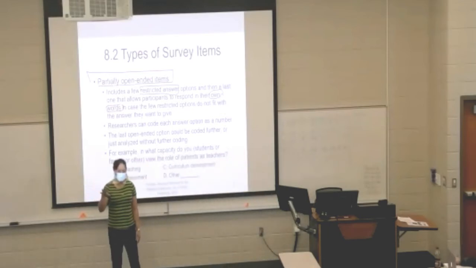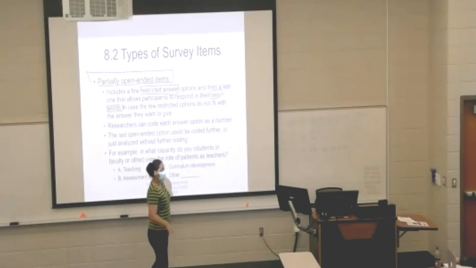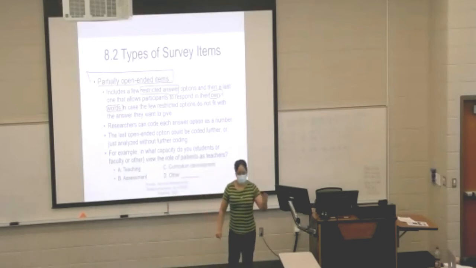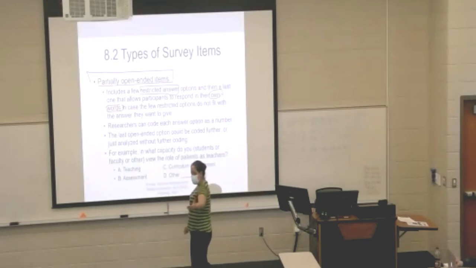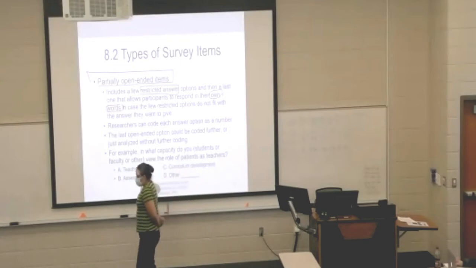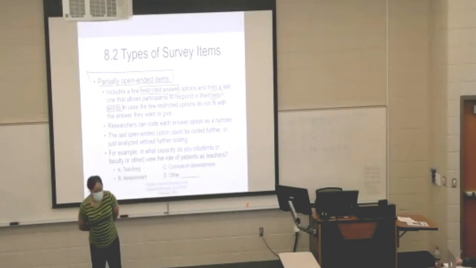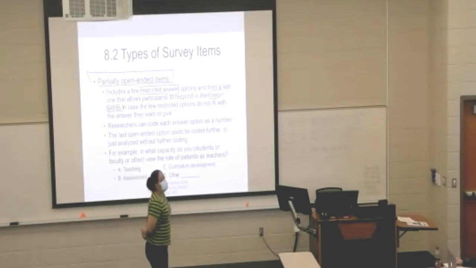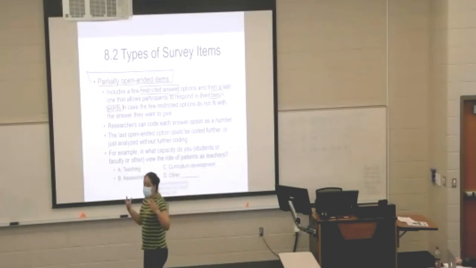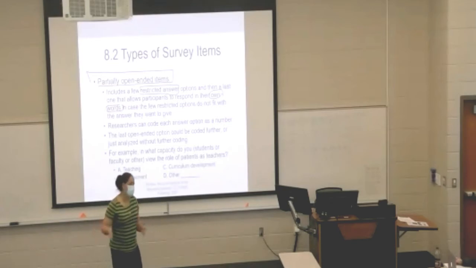Strongly agree, somewhat agree, neutral, somewhat disagree, completely disagree. That would be a restricted item. And then that could be followed up with, let's say, what is your opinion about crying children? That's open-ended. Now I can gather more subjective experience. Now I know how you feel, hopefully.